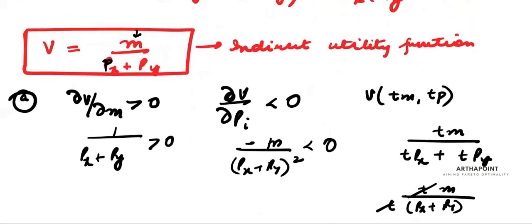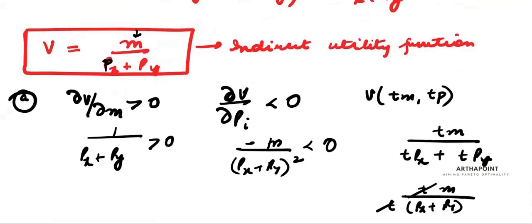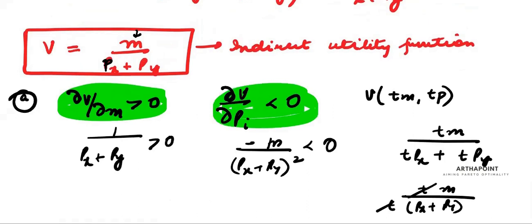Which means that the properties that we did yesterday for the Cobb-Douglas function, that it is non-decreasing in income, non-increasing in prices, and homogeneous of degree 0 in income and prices, hold true even when we move away from the Cobb-Douglas function and go towards complementary goods, right?